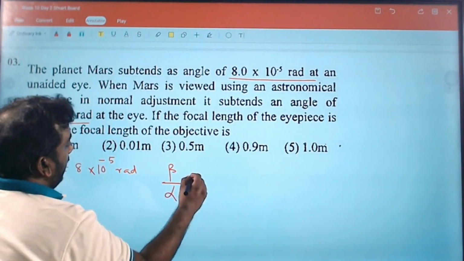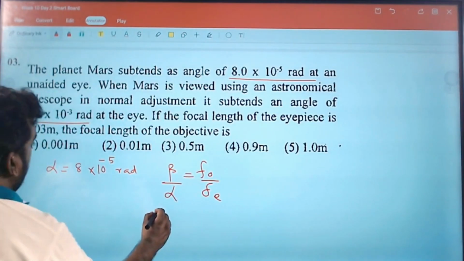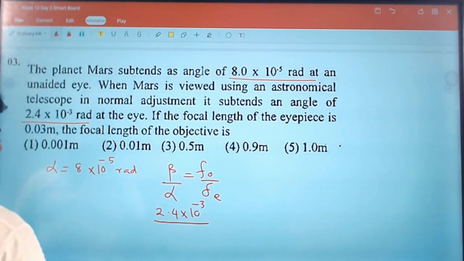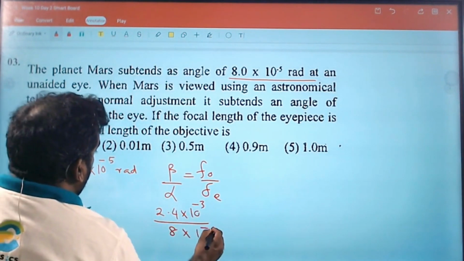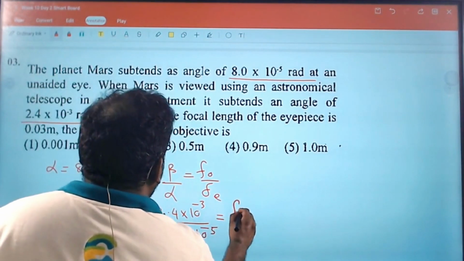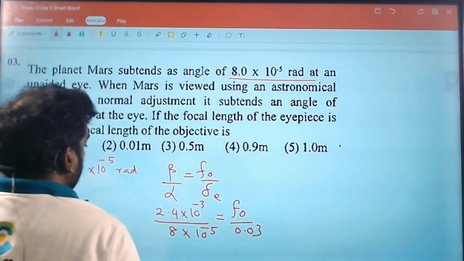Beta divided by alpha is F naught over Fe. Beta is 2.4 times 10 to the power minus 3. Alpha is 8 times 10 to the power minus 5. Focal length of the objective, we don't know. Focal length of the eyepiece is 0.03.